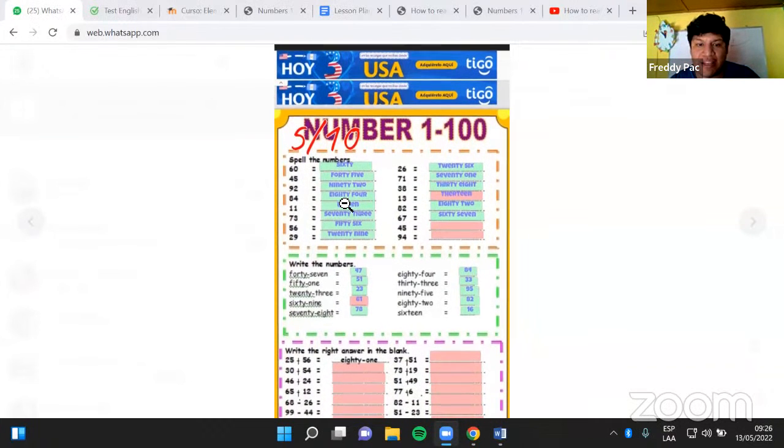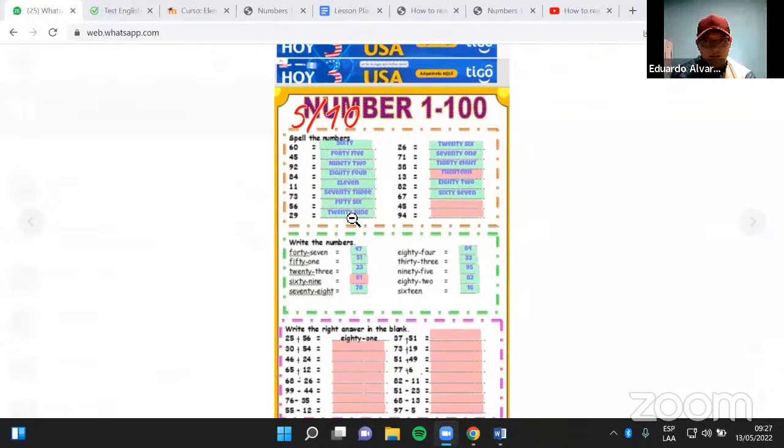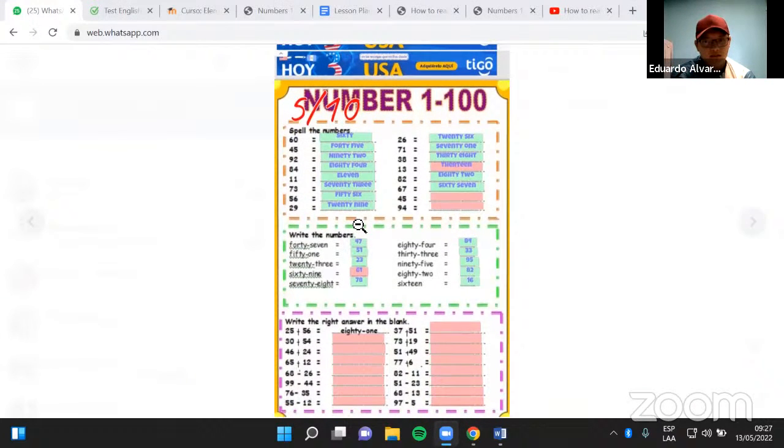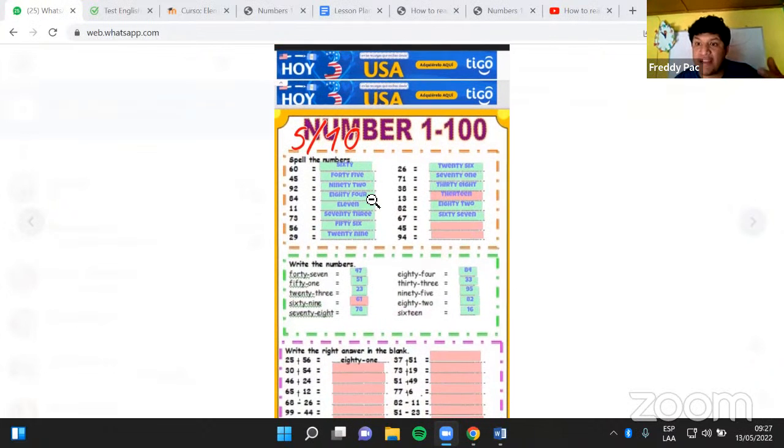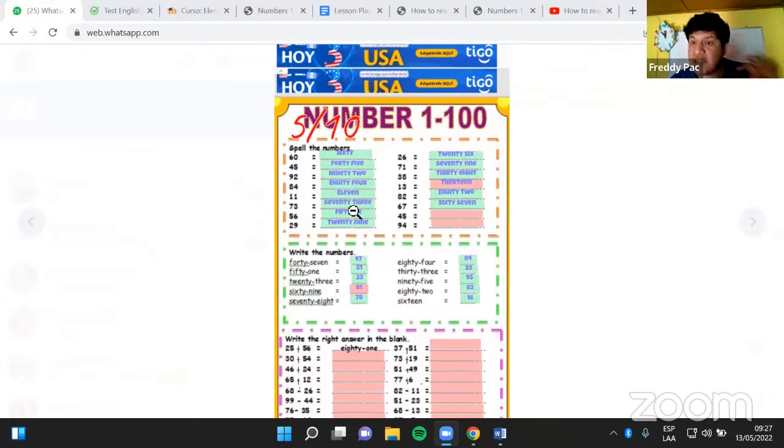What is the rule to write the numbers? The hyphen, guys, the hyphen. In the exercise, probably this is correct, but the rule is that you have to write the hyphen, okay? It is good, congratulations. Just remember that the hyphen is very important, okay?